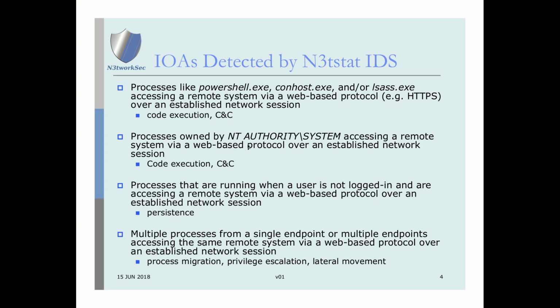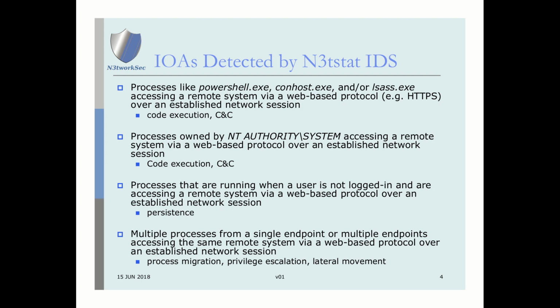Processes owned by N3tstat authority system accessing a remote system via a web-based protocol over an established network session. This is also indicative of code execution and command and control. It also identifies processes that are running when a user is not logged in and are accessing a remote system via a web-based protocol over an established network session.